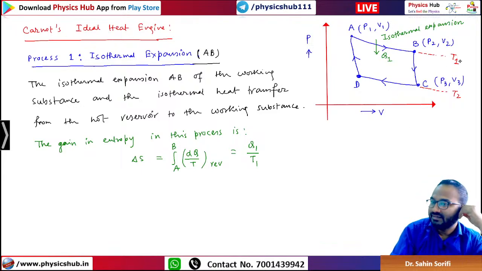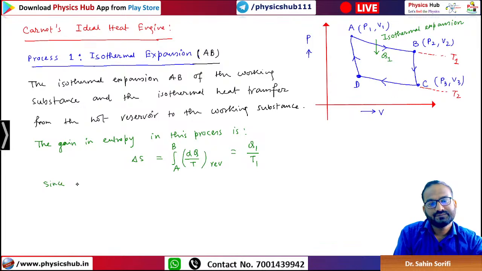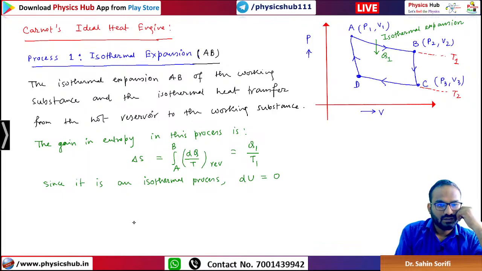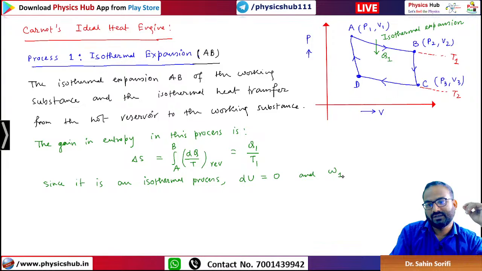And since it is maintained at a constant temperature, since it is an isothermal process, the change in internal energy will be 0. Therefore, the work done, let's say it is W1 for process 1.